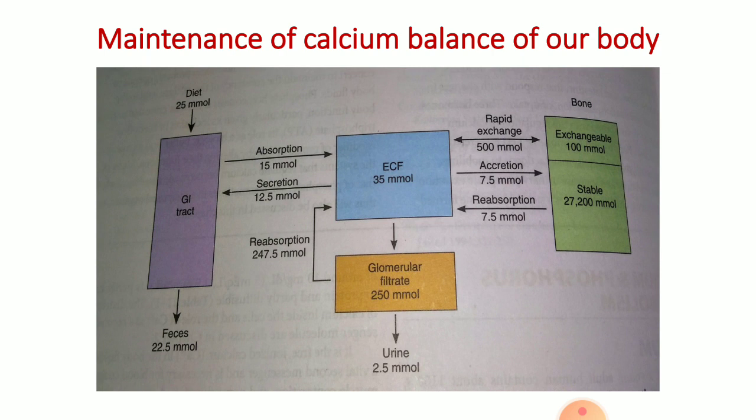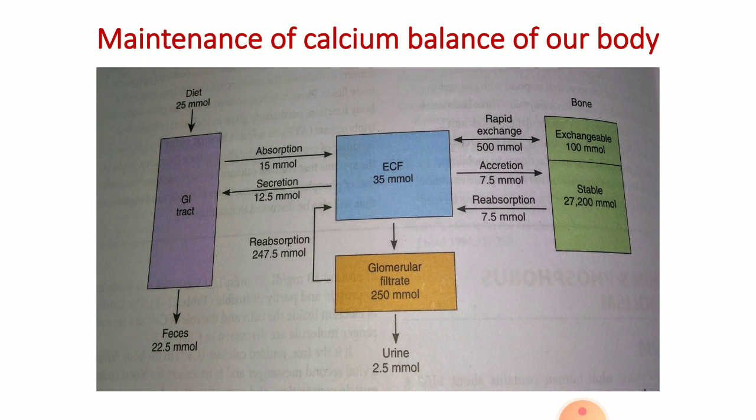So how is this balance maintained? Through the diet we ingest almost 25 millimole of calcium per day, from which almost 15 millimole is absorbed through the gastrointestinal tract, and again 12.5 millimole is secreted out, and overall 22.5 millimole is excreted through feces.